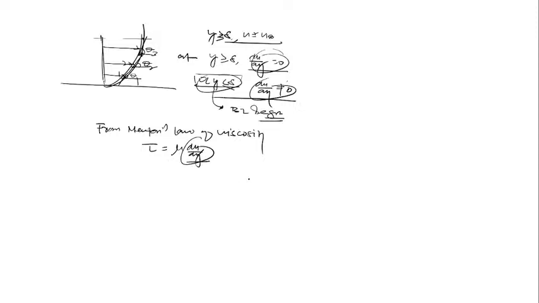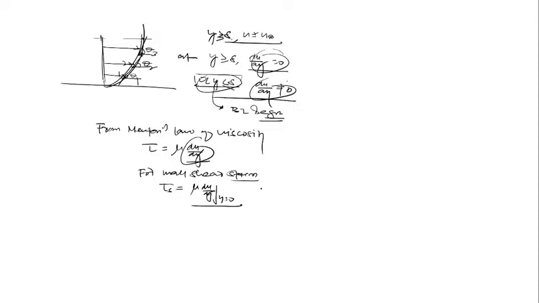Since du upon dy varies from 0 to delta, for the wall shear stress, tau s, where s means the surface of the wall, is equal to mu into du upon dy at y equal to 0.